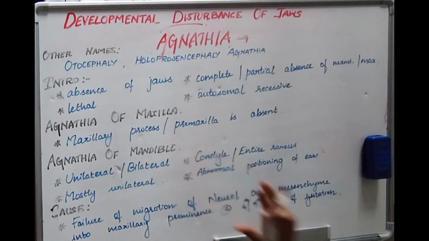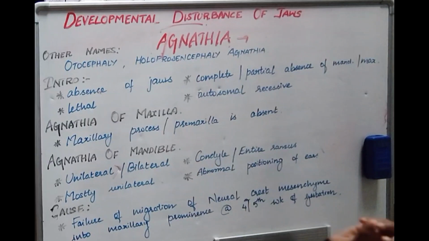Remember, most of the time it's unilateral absence of the mandible. On one side there will be complete absence of the mandible bone, whereas on the other side there can be development of mandible. Now coming to the cause, this is due to failure of migration of the neural crest cells. When there is no migration of the neural crest cells into the maxillary prominence region, we can see Agnathia.